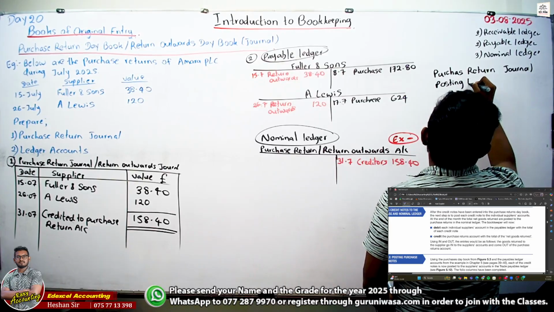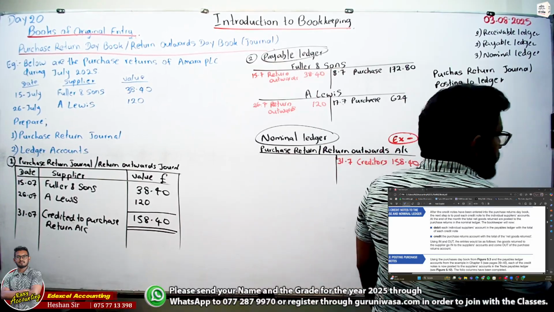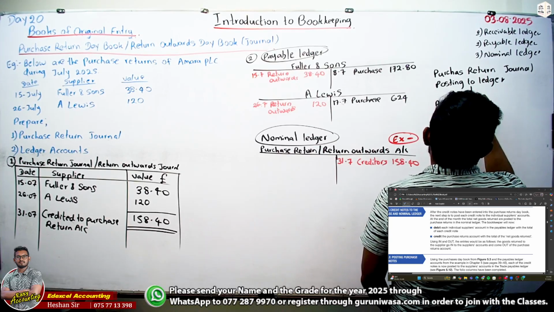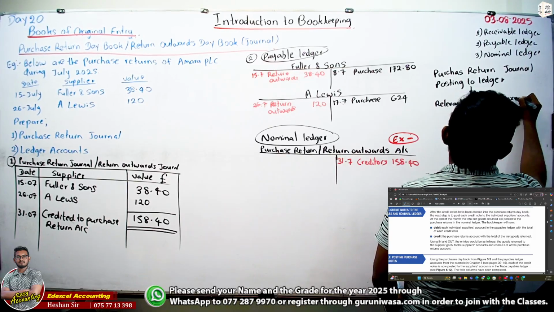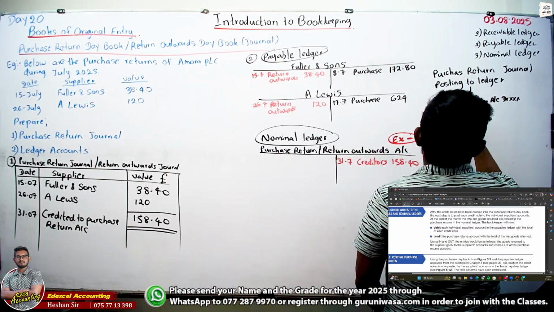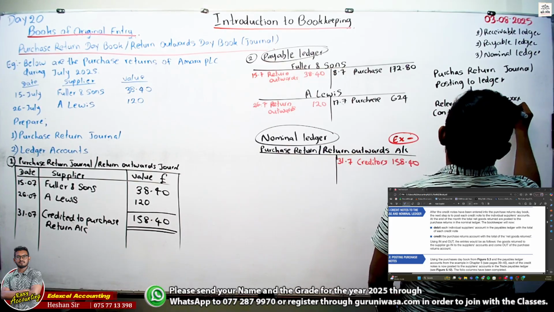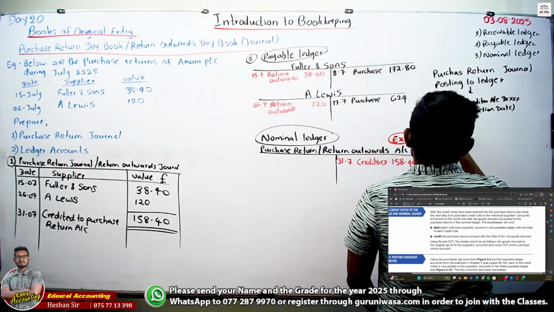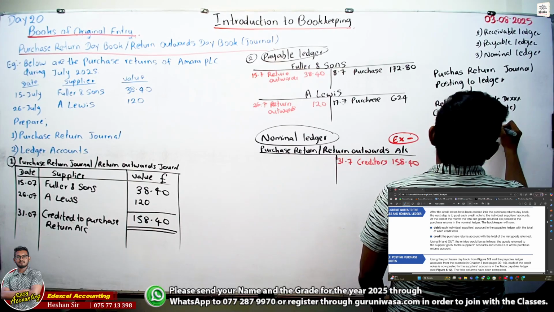Posting to ledger, relevant creditor account, debit, on the transaction date, right? Purchase return account, credit.